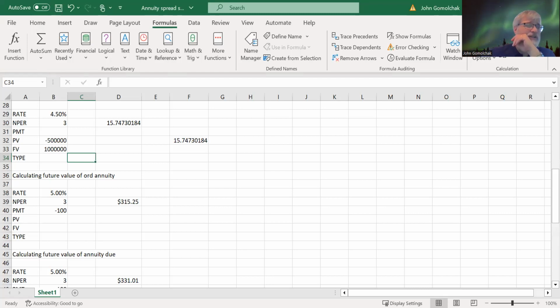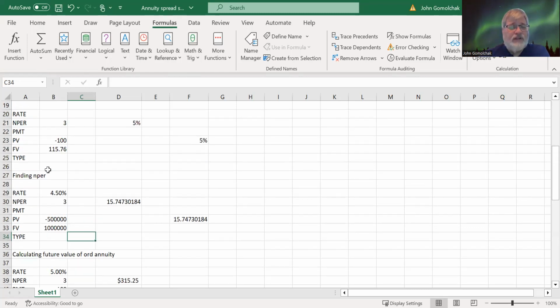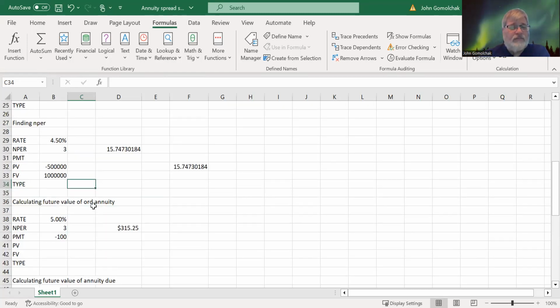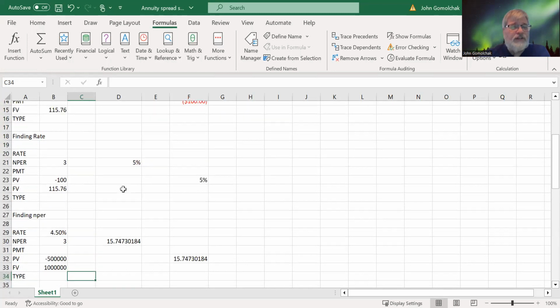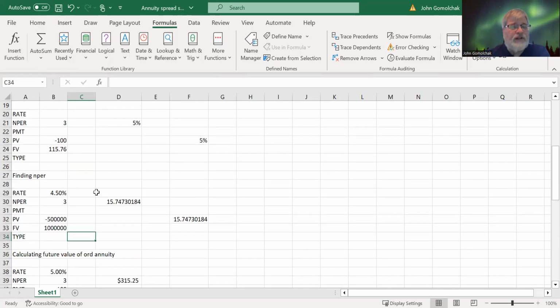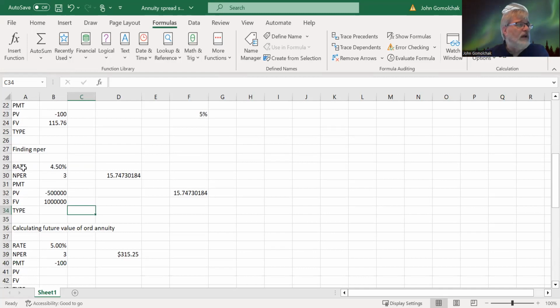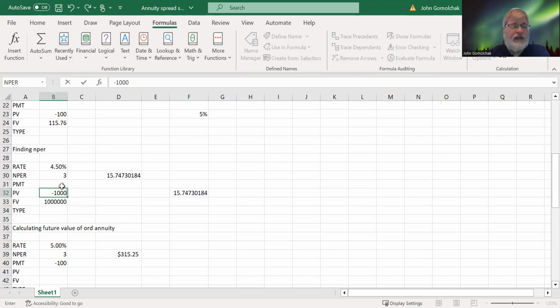I think it is. Going back, I'm going to look at self-test. How long would it take $1,000 to double if it were invested in a bank that pays 6% per year? Okay, so we're going to be looking for the number of periods. We had $1,000, so negative $1,000.